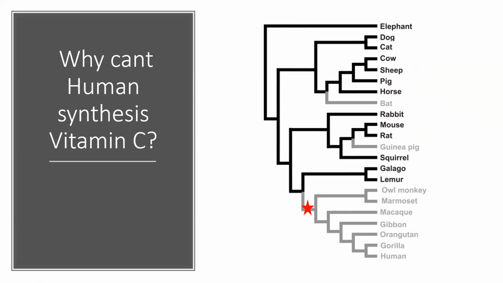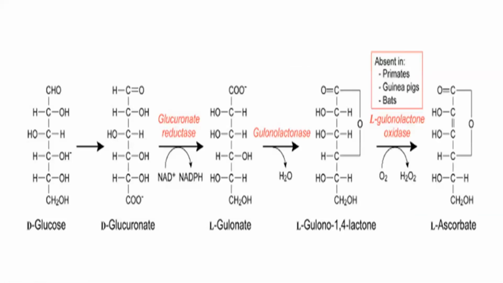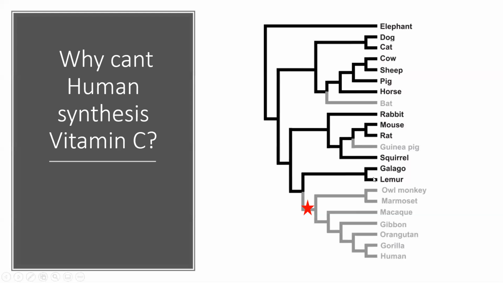So why can't humans synthesize vitamin C? So here I have a phylogenetic tree, and we see here that somewhere right here, we have lost the enzyme, like we said before. If you go back, we have lost the L-gluconolactone oxidase. Right here. So let me explain.